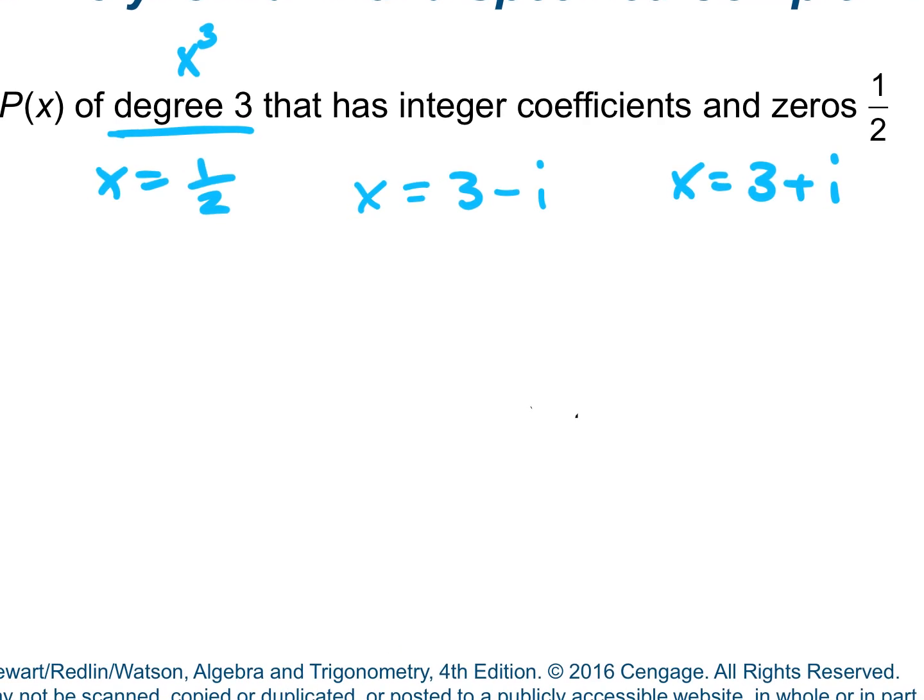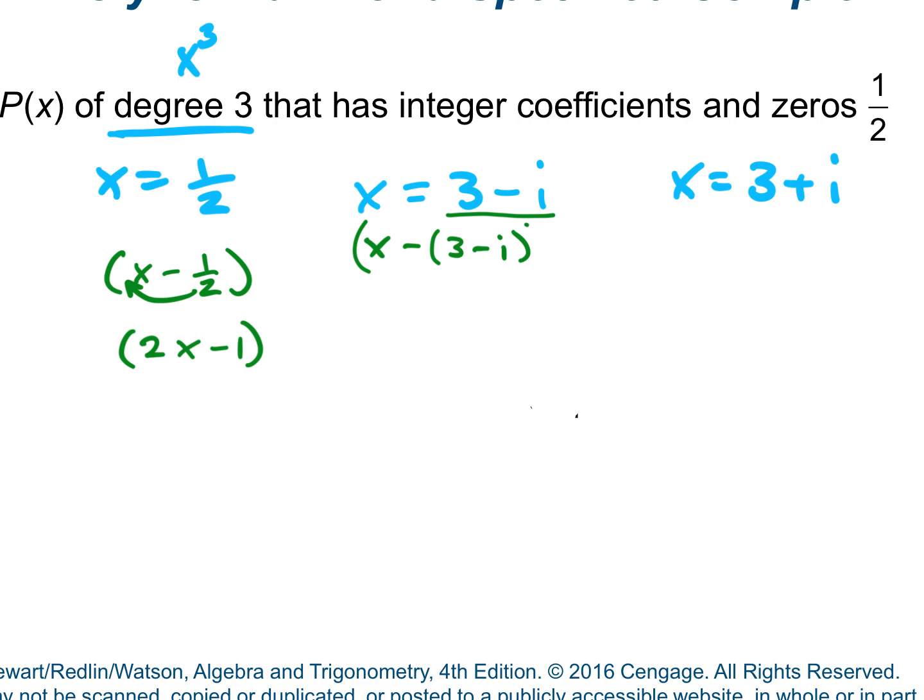We want to put them into factored form. So if I have x is equal to 1/2, what would that be in factored form? Awesome. It'd be like x minus 1/2, but we know that we can move the 2 in front of the x, so we're not working with fractions. So that'd be 2x minus 1. For the next one, we have x minus, be super careful here because it's x minus this whole thing, 3 minus i.